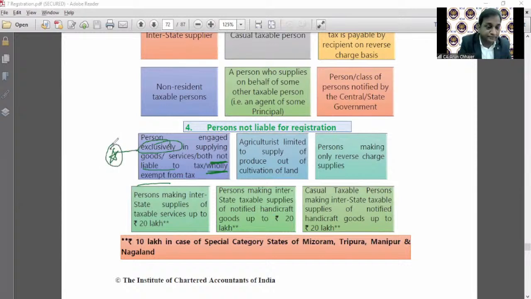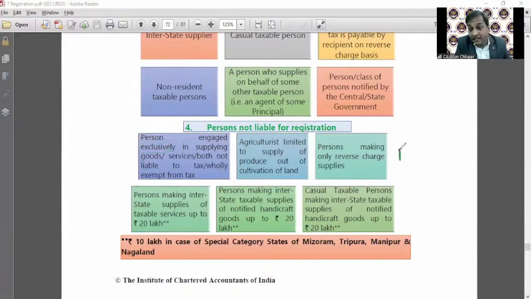Changing the question. Suppose I am making taxable supplies of, say, rupees 1000 of machine oil, and I am making the supply of petrol of, say, rupees 1 crore. Do I need to take registration?